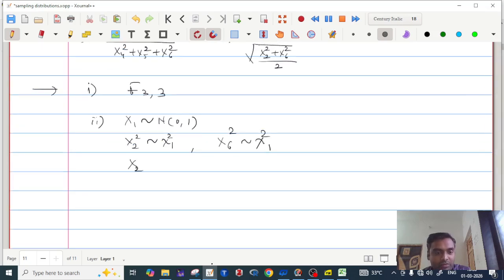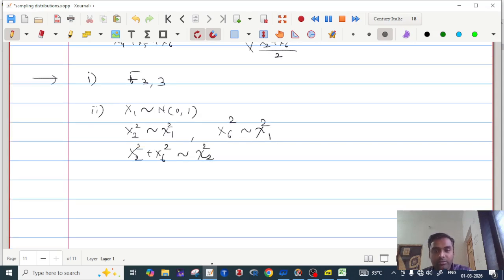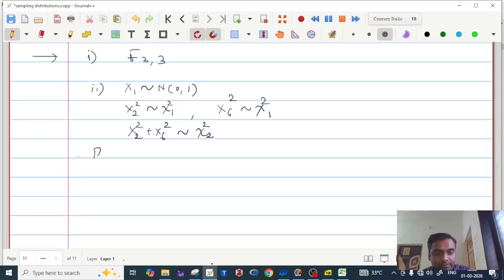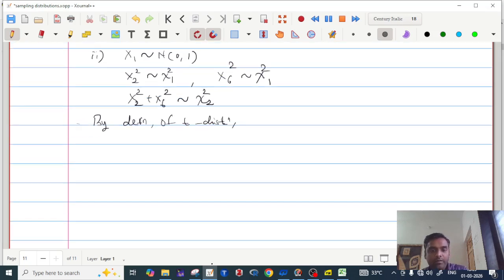The addition x2 square plus x6 square is chi-square 2. So by the definition of T distribution, T is equal to normal 0, 1 divided by the square root of chi-square divided by its degrees of freedom.